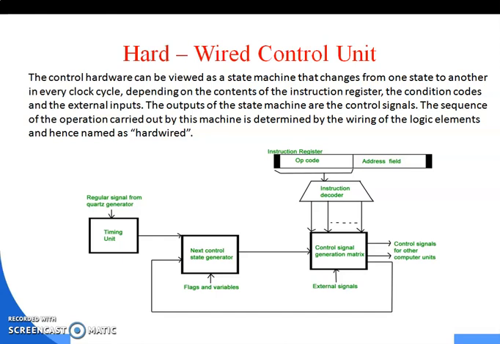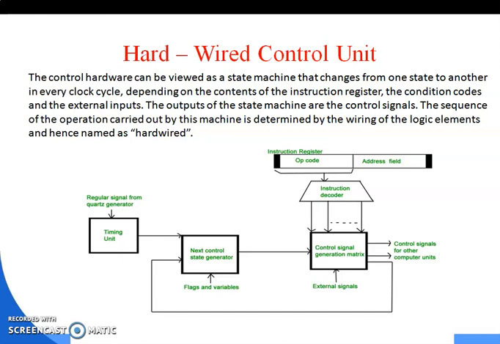The outputs of the state machine are the control signals, and the sequence of operations carried out by this machine is determined by the wiring of the logic elements, hence the name hardware.